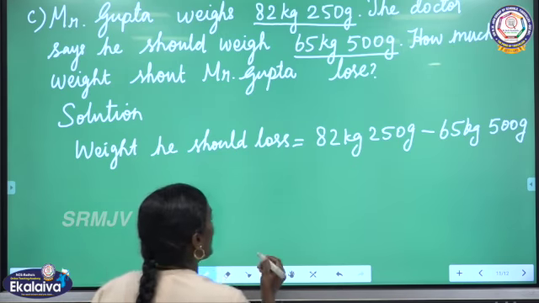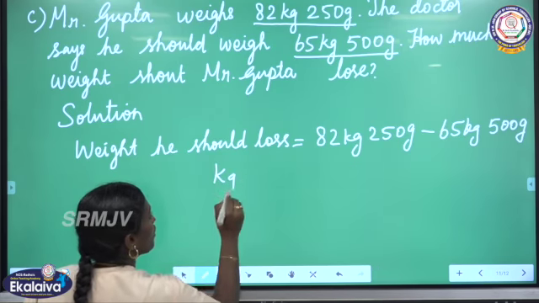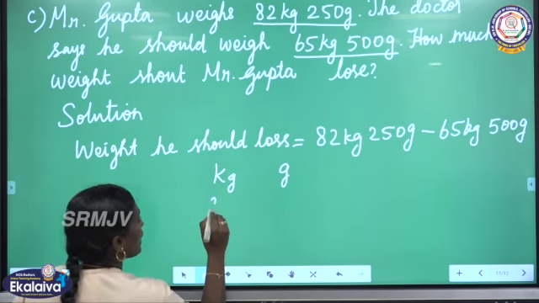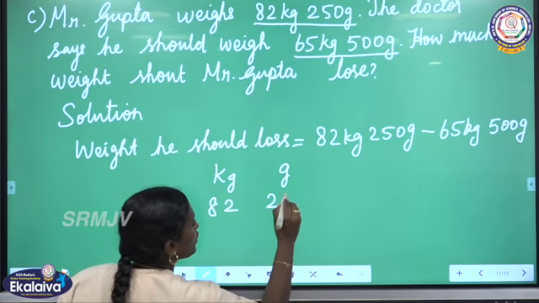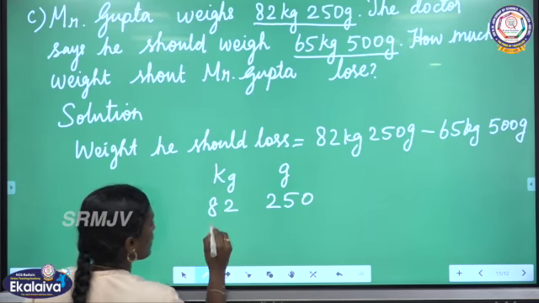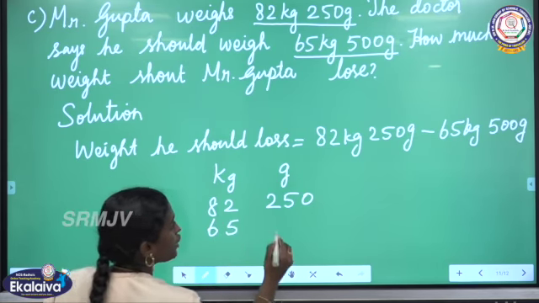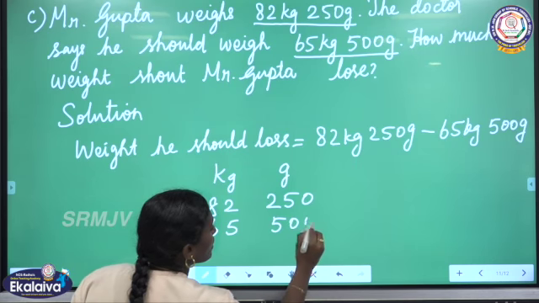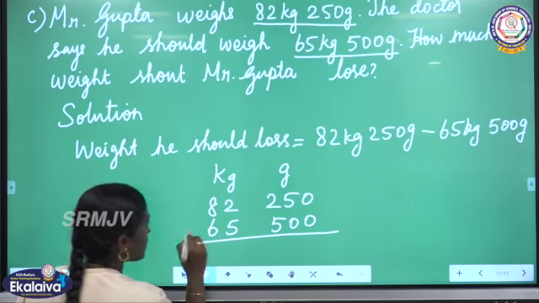Here we have to arrange it in kilogram and gram. 82 kilogram and 250 gram. Then the next one, 65 kilogram and 500 gram. Now we have to subtract.